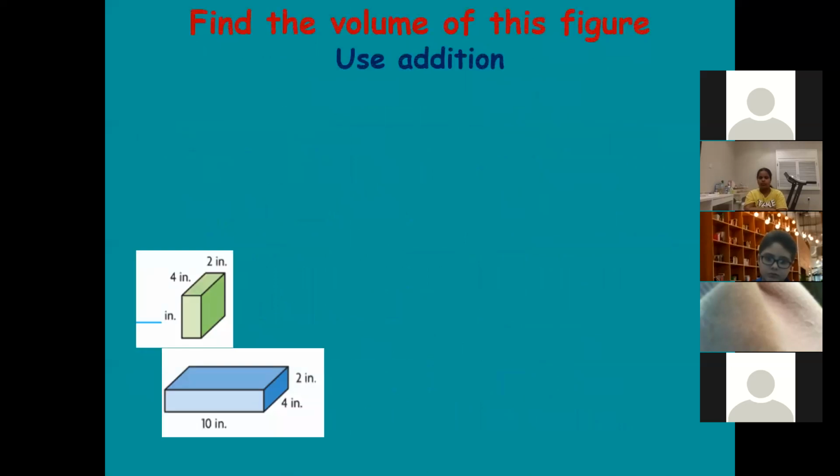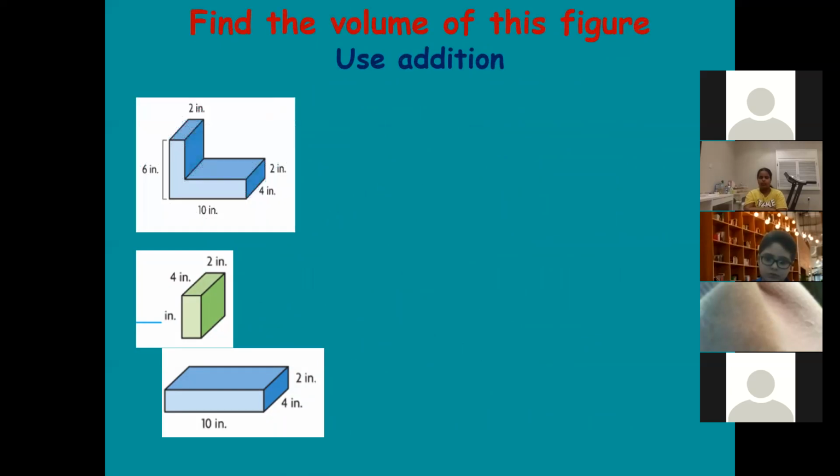Now, see. This is the L-shaped combined figure. Can you see the figure? It's not a single rectangular prism. There are two rectangular prisms combined in this, right? Yes. So how will you find it?